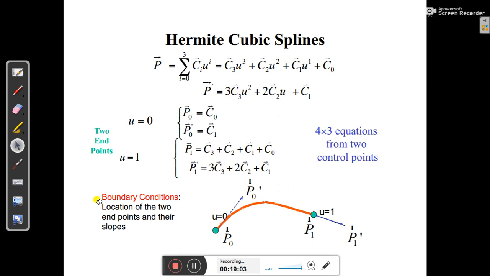So our boundary conditions in this case are the location of the two endpoints and the slopes at the two endpoints of any line. So here P naught is C naught, and P naught dash, that is the slope of this line, will be C1.